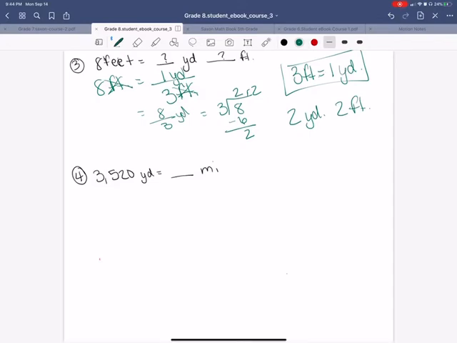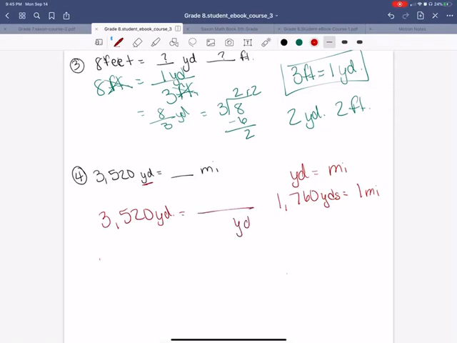And last but not least is number 4. Again, we remembered that our note says that we're going from yards to miles. And in this case, 1,760 yards equals 1 mile. So we're going to say 3,520 yards, and how many yards gives me 1 mile? 1,760.